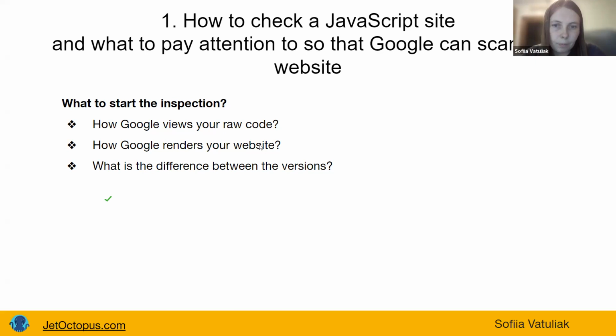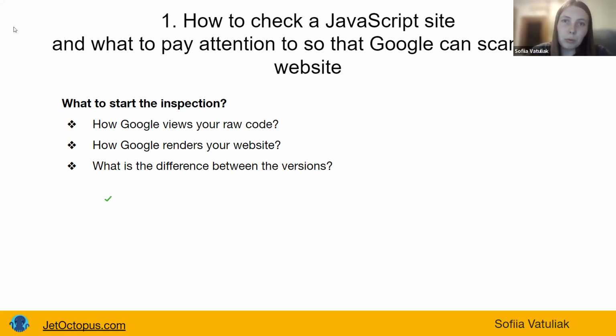And if there are any issues in this process, it can result in problems. For example, if you use noindex, nofollow in your raw code, and after processing of JavaScript your website receives index, follow, Google will select the more restrictive rule, and your pages, your website will be de-indexed.